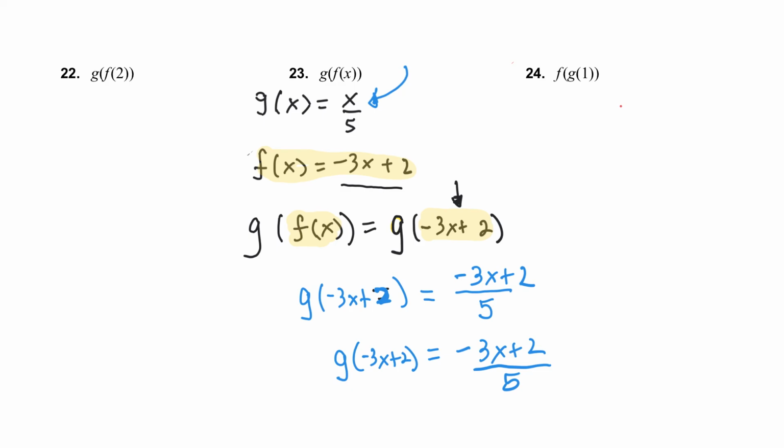So now wherever the variable is, it's going to be replaced by the expression negative 3x plus 2. So if you want to think of it, this is like your parentheses right here. That's your variable. But now, instead of having the variable x, it's replaced with negative 3x plus 2.